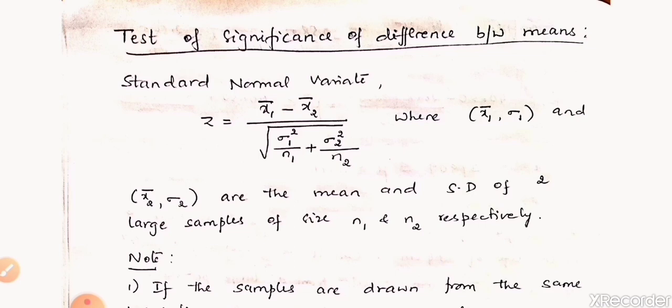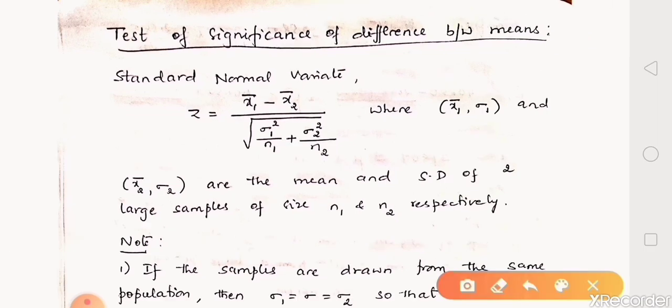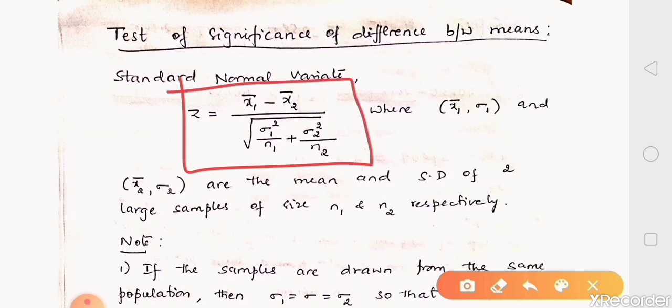Whenever two samples are given with different mean and standard deviations, we can use the expression for standard normal variate as z equal to x1 bar minus x2 bar divided by square root of sigma 1 square divided by n1 plus sigma 2 square divided by n2, where x1 bar, sigma 1 and x2 bar, sigma 2 are mean and standard deviation of two large samples of size n1 and n2 respectively.